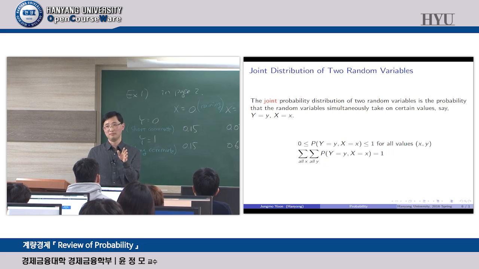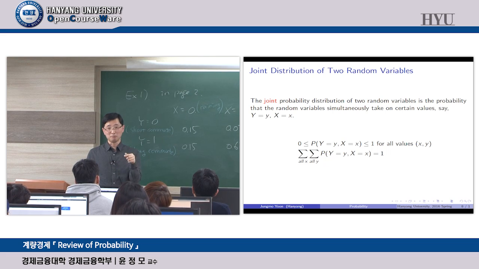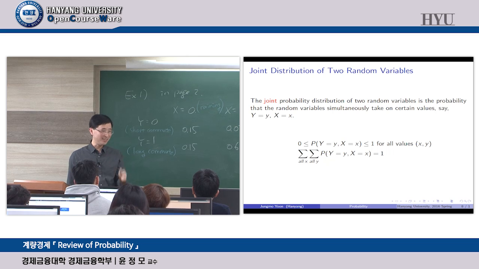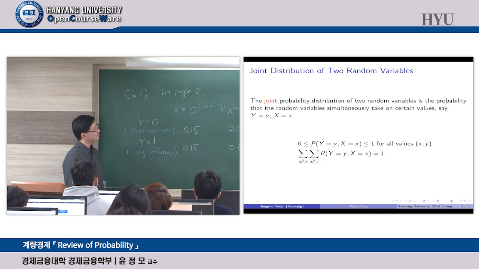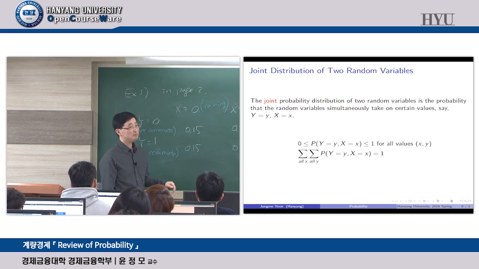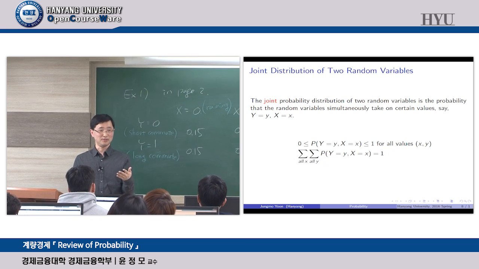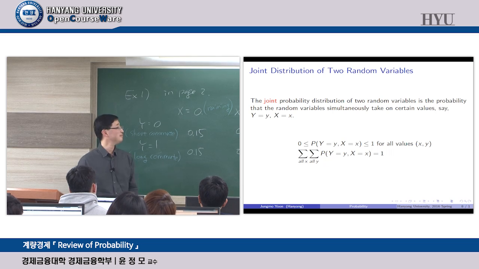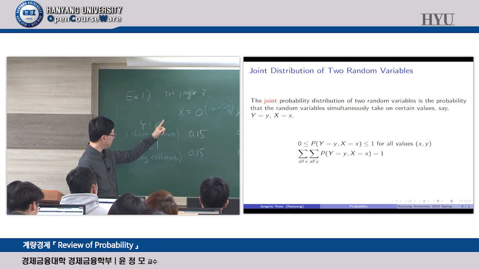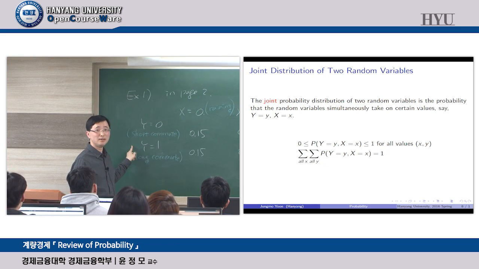Before 7 o'clock this morning, was it exactly predictable? Nobody knows, right? Actually, that's one of the reasons why I'm kind of sick today. I couldn't predict the weather today and yesterday. But after today, is it predictable? Do you know the outcome, sunny or rainy? We know the outcome, right? So it's a random variable, and you can define probability. How about commuting time? Is it a random variable? Yes, right?